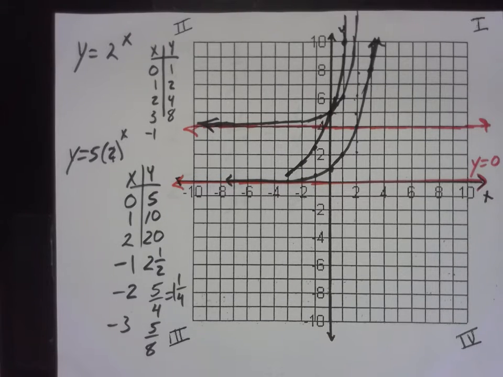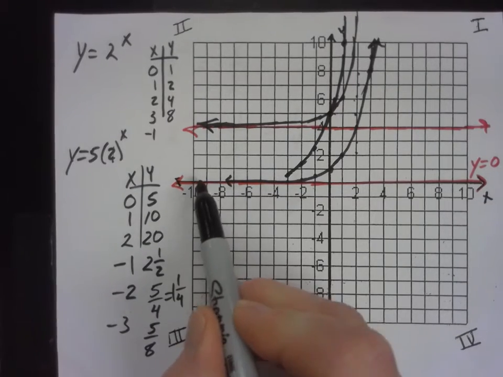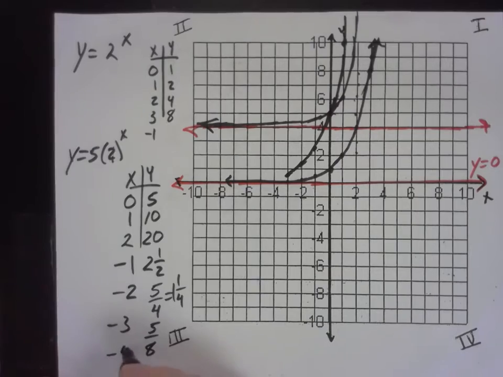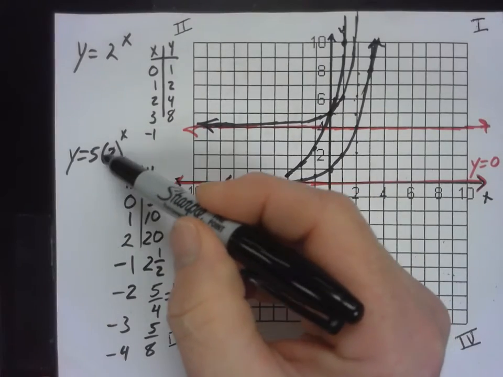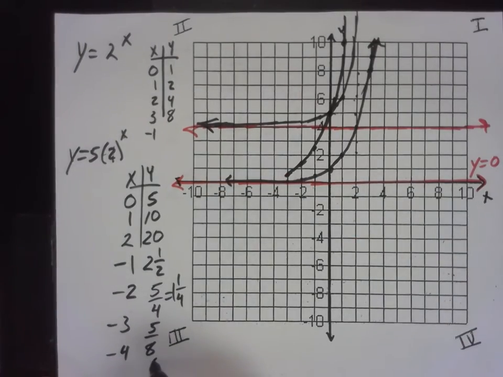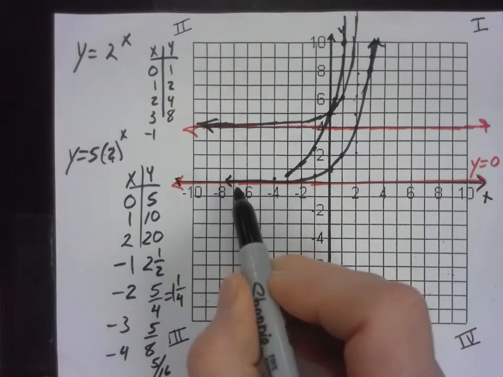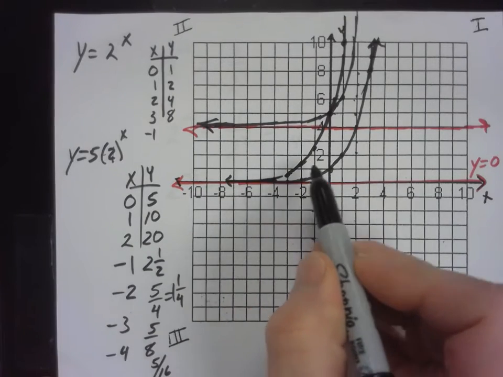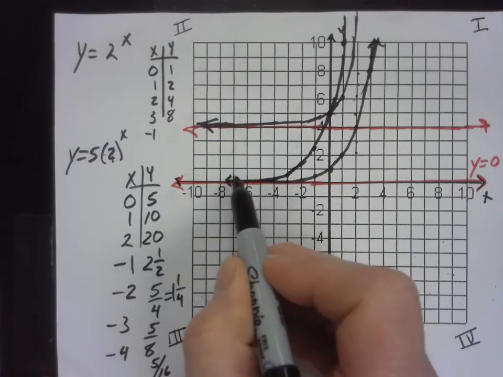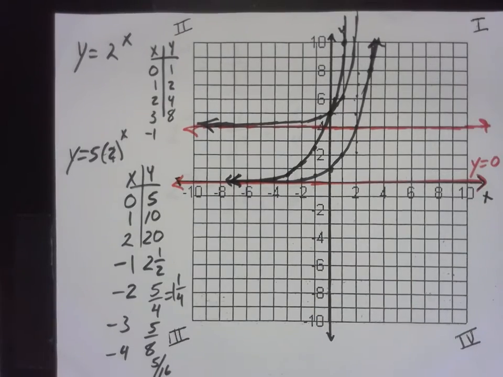Is it still 0? Yeah. If we put in a -4, this would be 5/16, which is about a third. And then 5 over 32, and then 5 over 64.